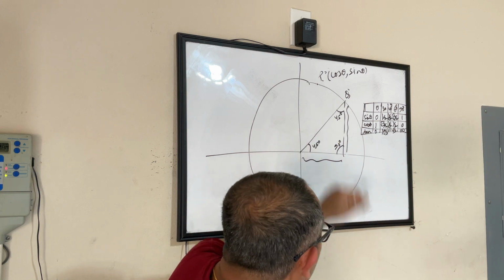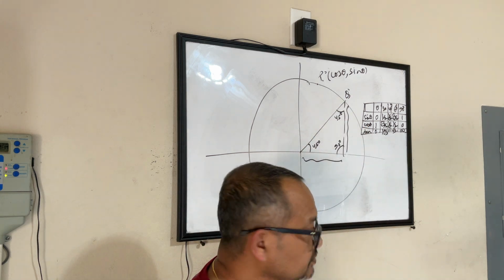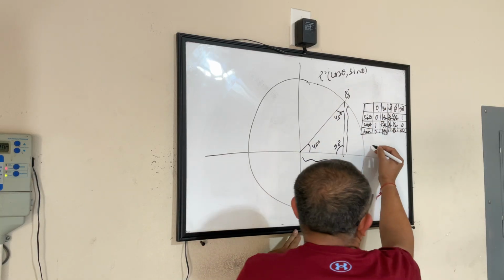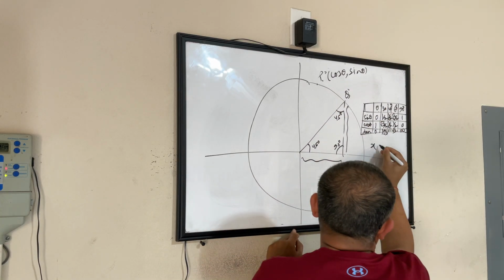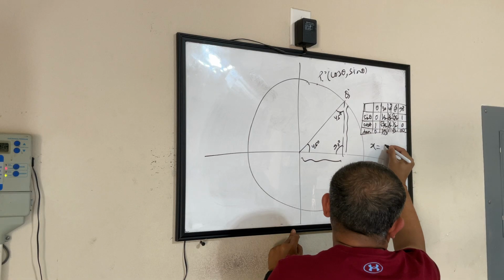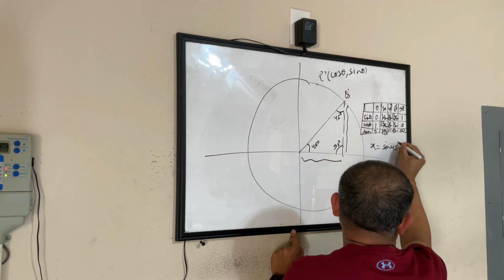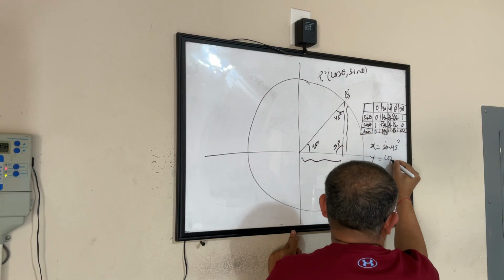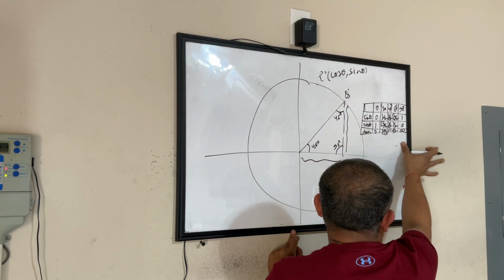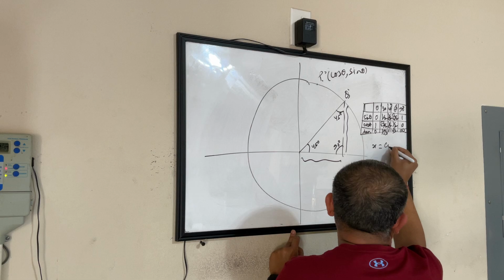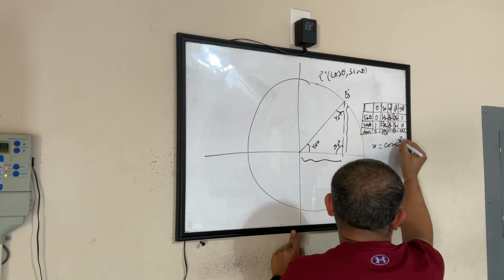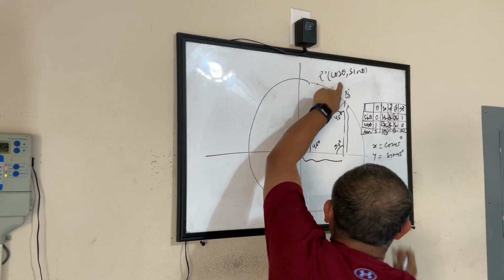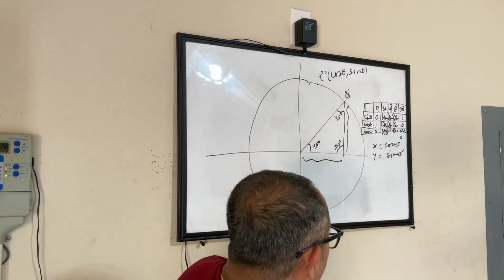Now, in the same unit circle, I picked up a point Q. And from that we know that my x coordinate is cos 45 degree and y coordinate is sine of 45 degree, like any other point on a unit circle.